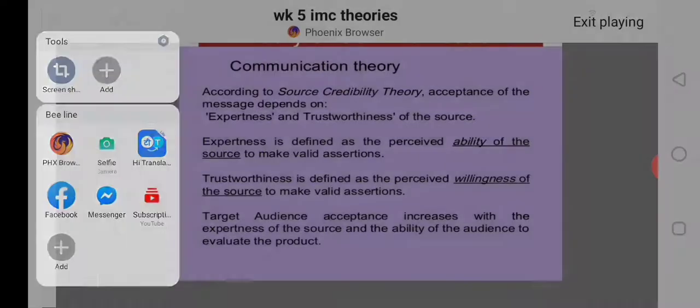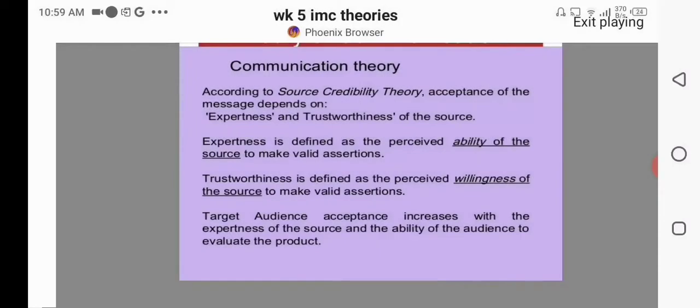So basically, what is communication theory? Communication theory is a set of theories about source credibility, expertness and trustworthiness. There is a sender, there is a receiver, and there is noise, and the source is valid.